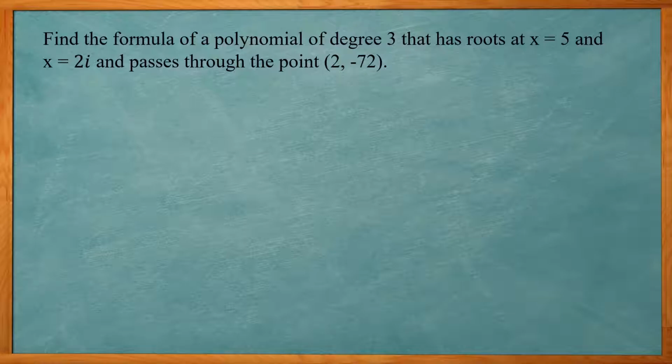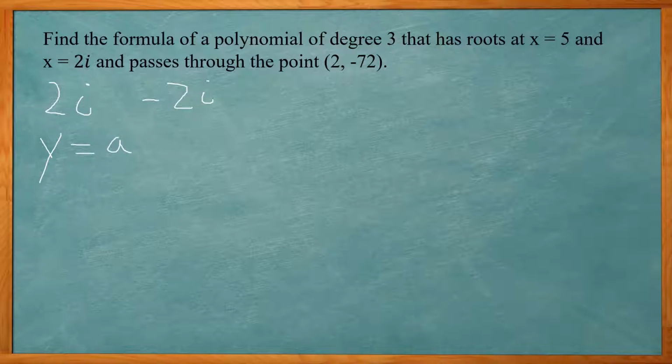So anytime we have a complex root, it always comes in pairs. So if we have 2i, its pair or conjugate would be -2i. So its two roots are 2i and -2i. So we're going to write our equation, y equals a, and we're going to put in our roots.